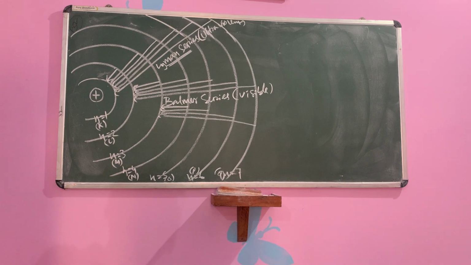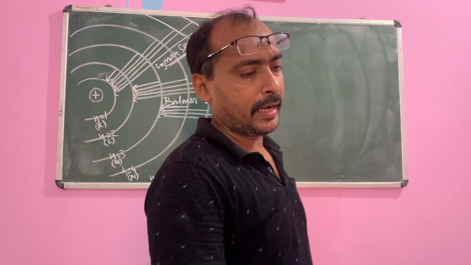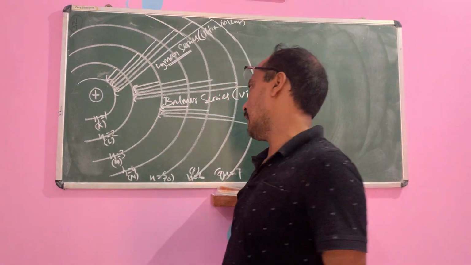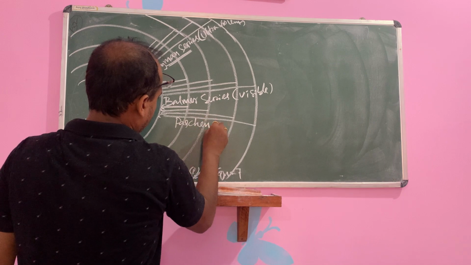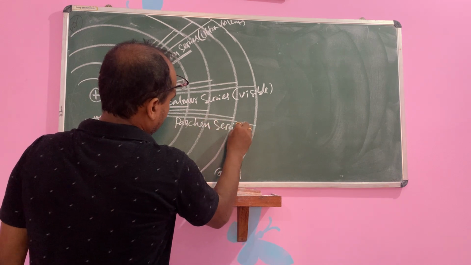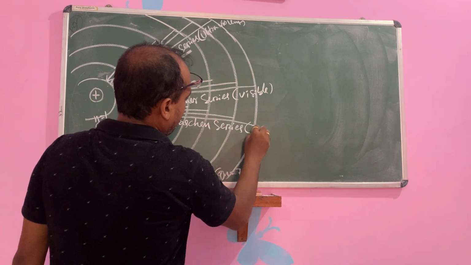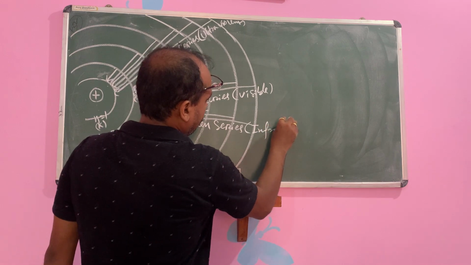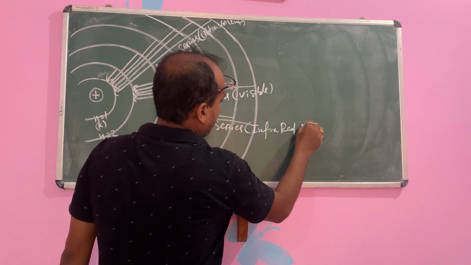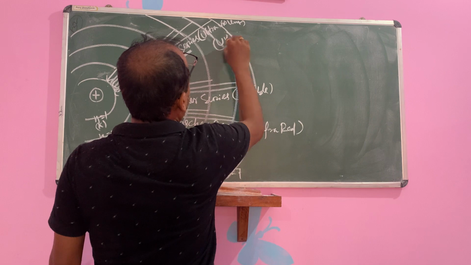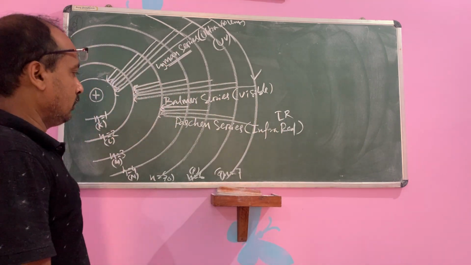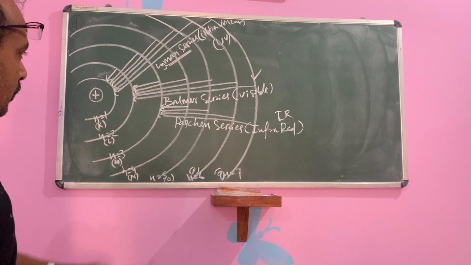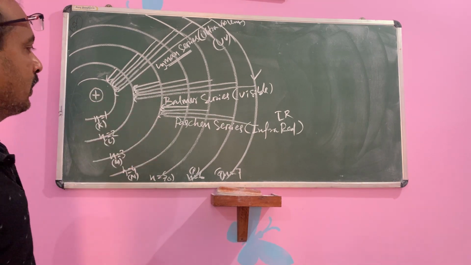This is your Lyman series, Balmer series. Then the Paschen series, P-A-S-C-H-E-N. That is in the infrared zone, IR. This is your UV, this is your visible, this is your IR. Similarly, this is Lyman, Balmer, Paschen.